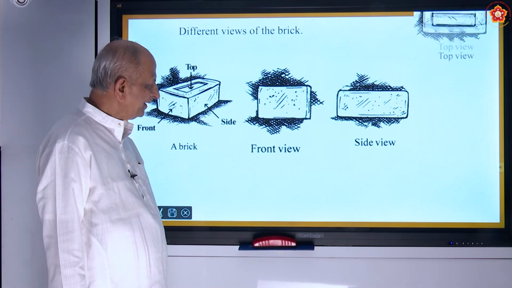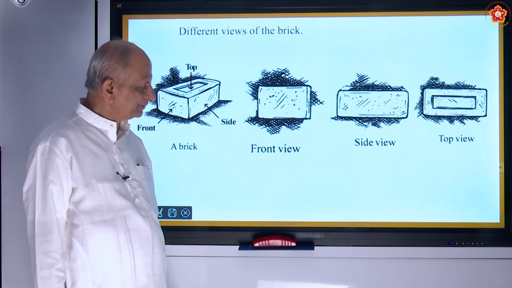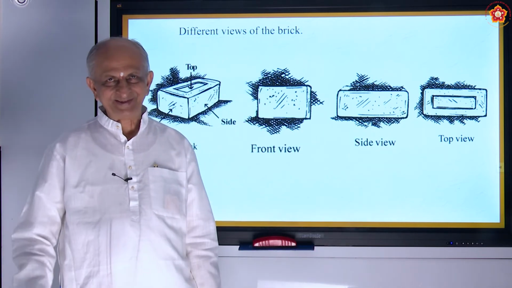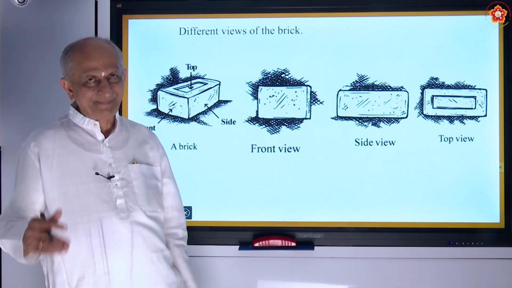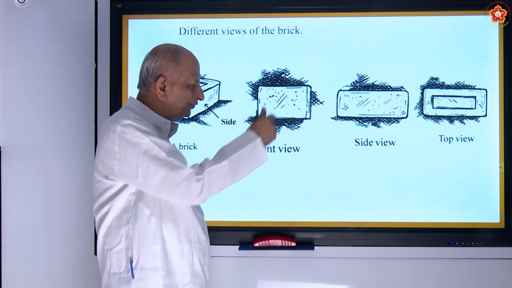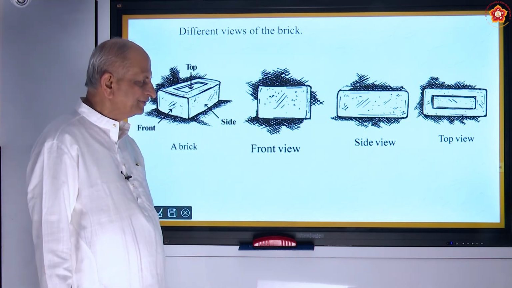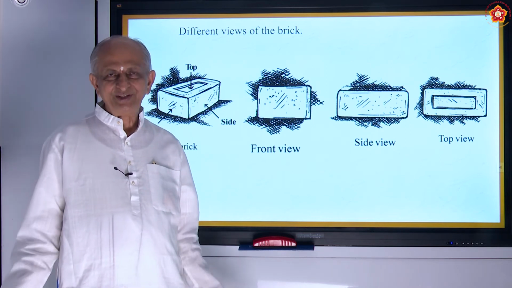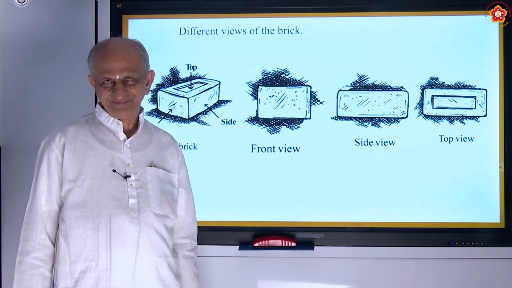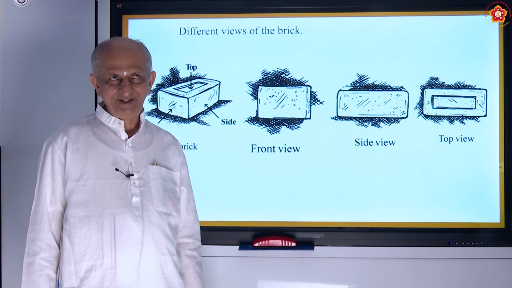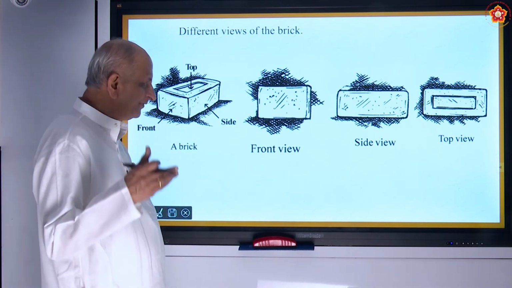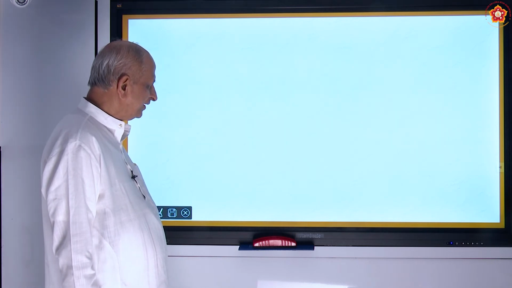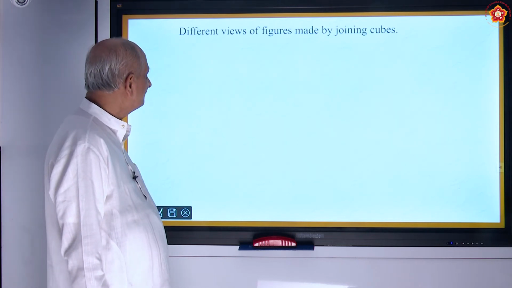And if the same brick, you look from the top, this is how you find there will be two rectangles, one inside the other. So the same brick, it depends upon how you see, it looks different. So that is called different views. So it is true for all. In nature, what you see, the angle of our observation varies, and we will have different views on that.